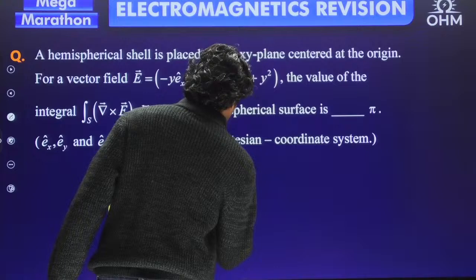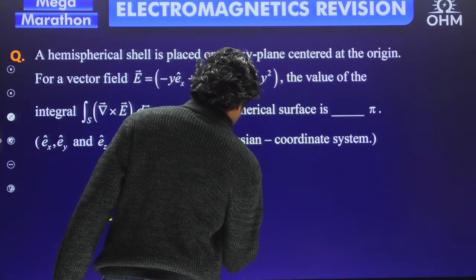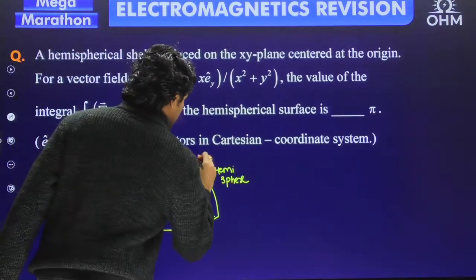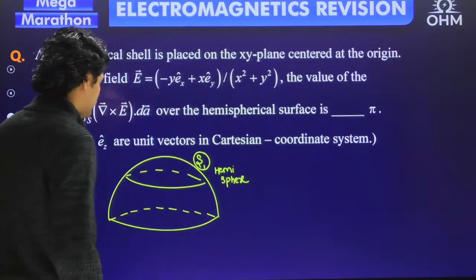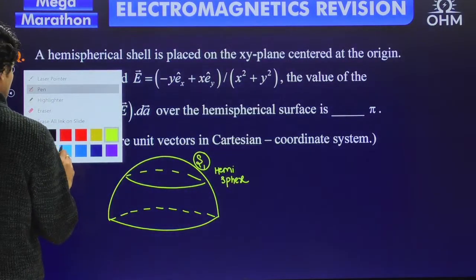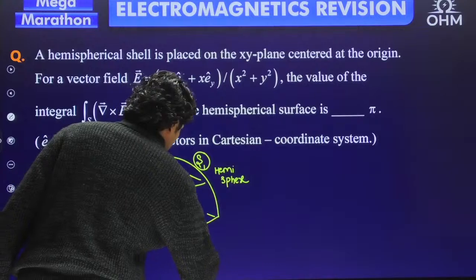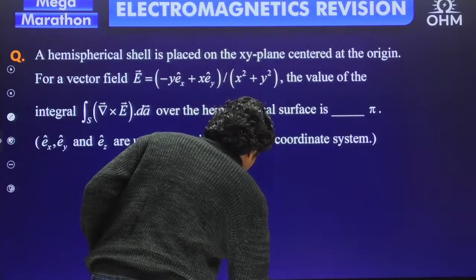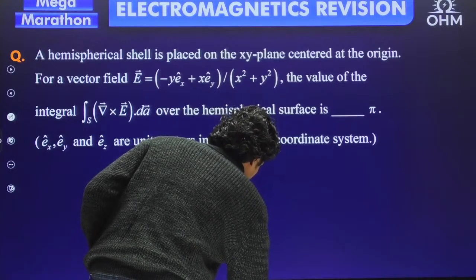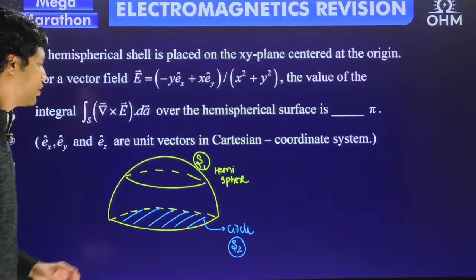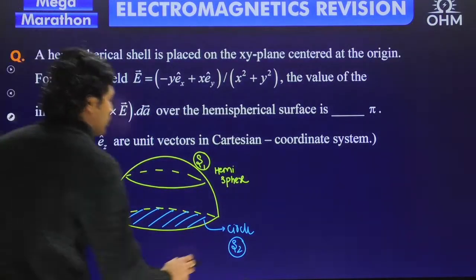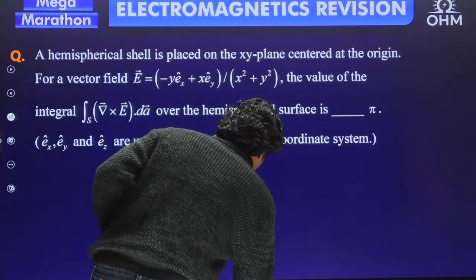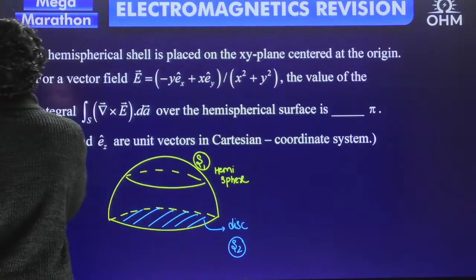This is the top surface, which I will call S1. You can see here there is another surface. This is the second surface that you have, which is basically a circle. Let me call that circular surface S2, or a circular disk to be more precise. I will call it a disk.